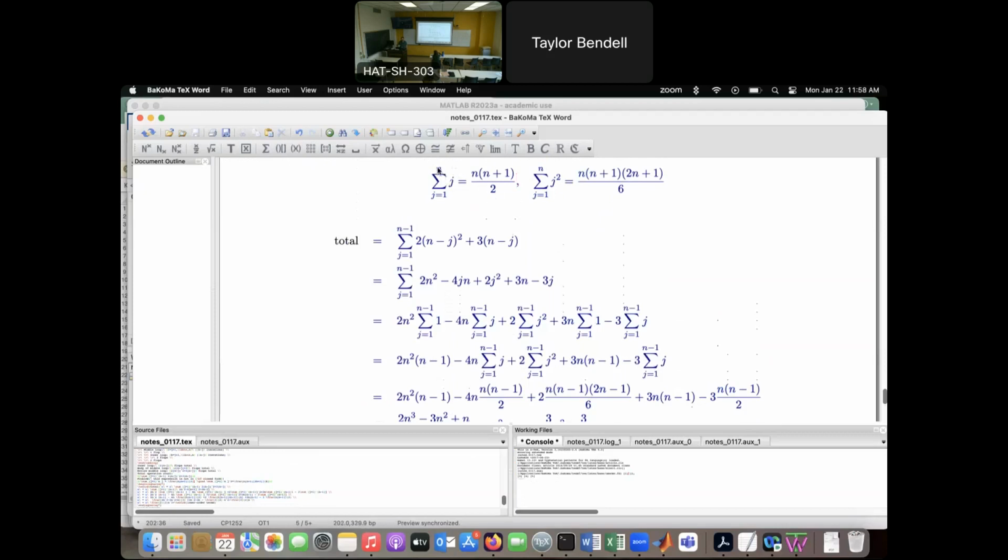Maybe some of you know the story behind how this was first established. Supposedly it was developed by Gauss as a child, maybe it's an urban legend.